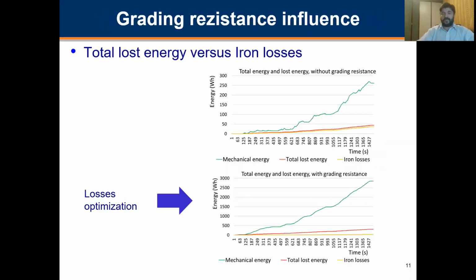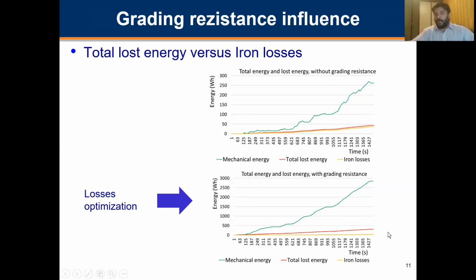In order to better understand this result, let's see the total lost energy versus the mechanical energy produced and the iron losses. In the case without grading resistance, so the test on a flat surface, we can see that Joule losses are reduced.